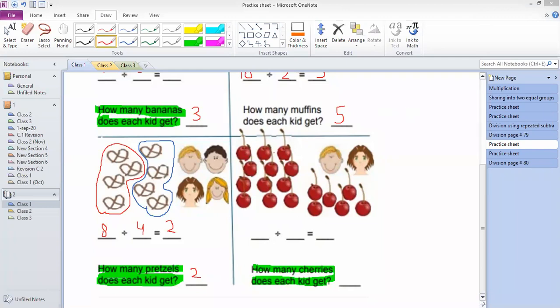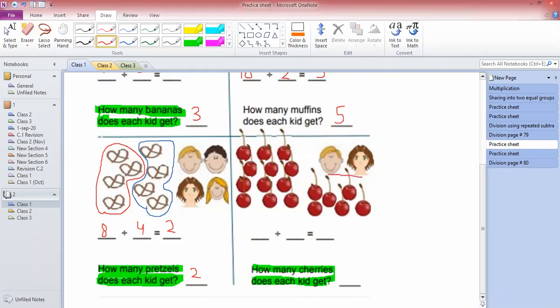We will follow the grouping method. We will make groups. Look here. How many kids are there? 2. We have to distribute among 2 kids. That's why we will make groups of 2. Okay. Start making groups of 2. Count this cherry, 1 and 2. Make one group like this.